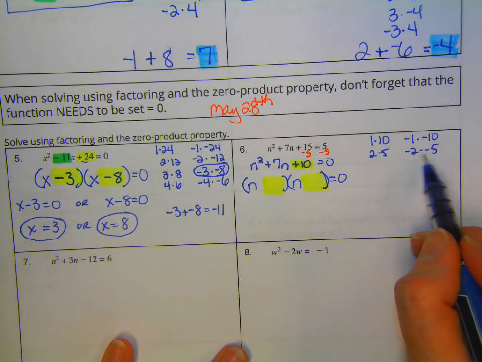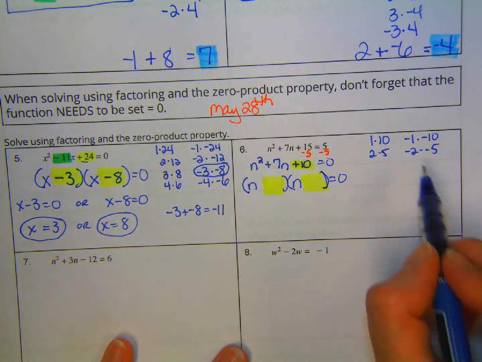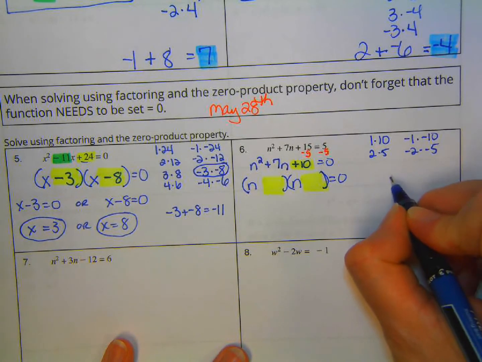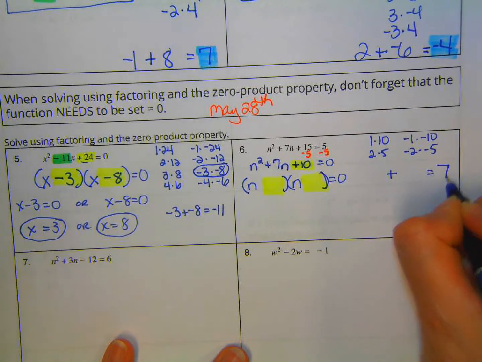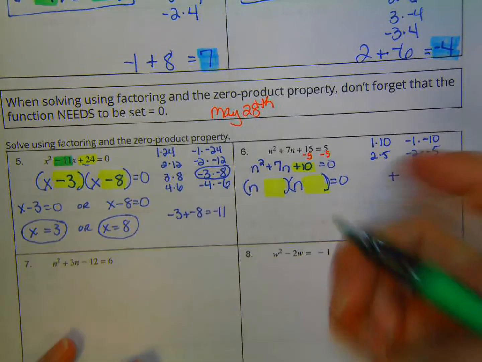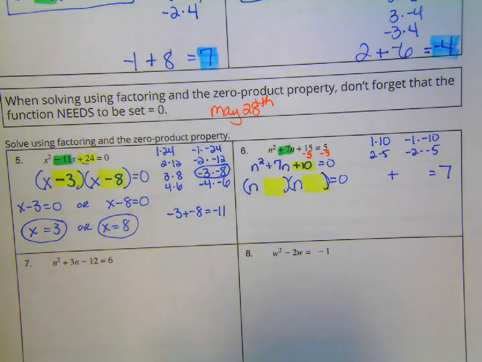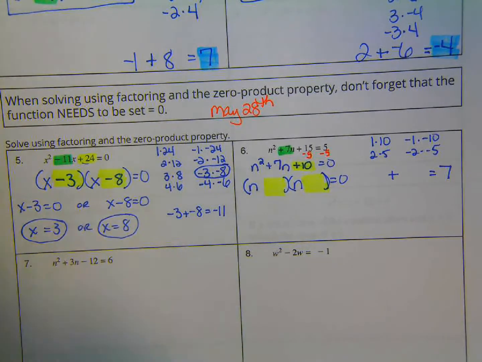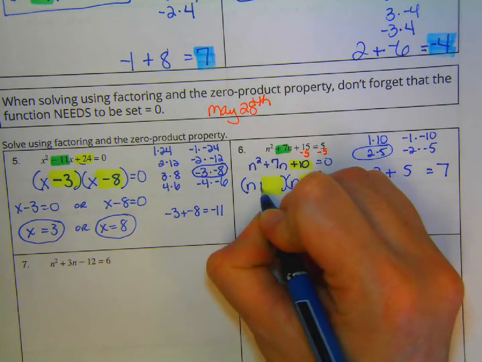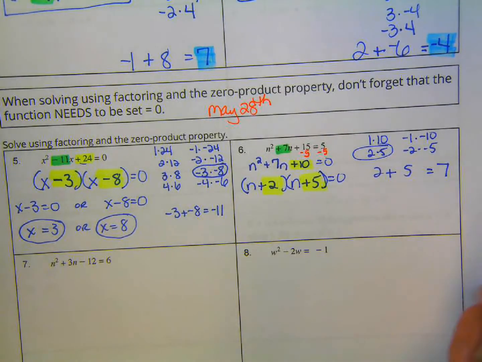Those all are products that give us positive 10. But we need to have a value plus another value that gives us 7. We need these to add up to give us 7. And which of these add up to give us 7? 2 plus 5 gives us 7. So plus 2, plus 5.